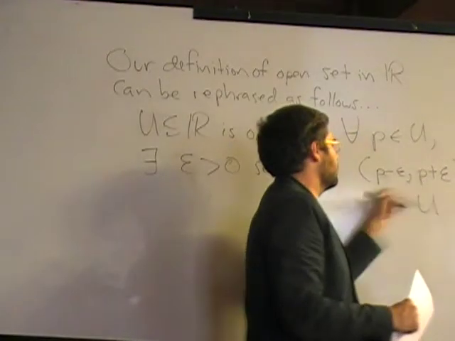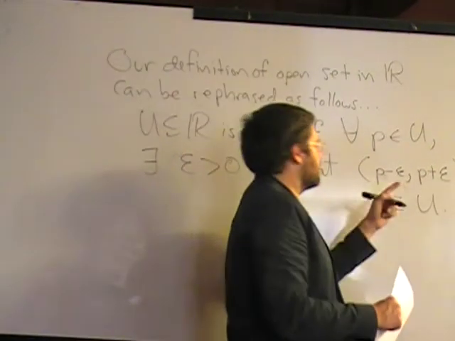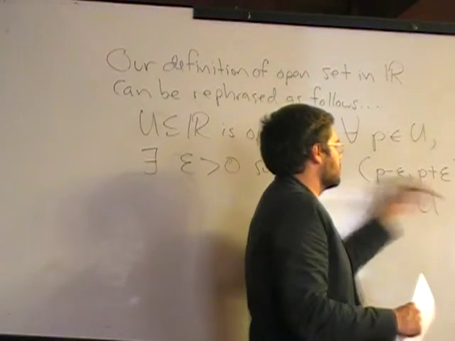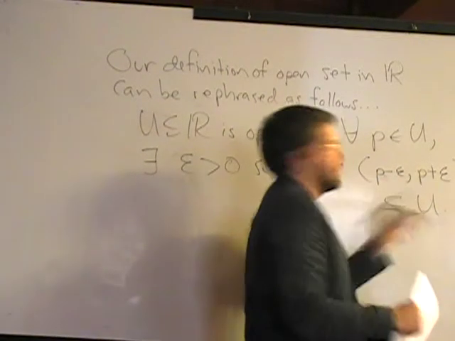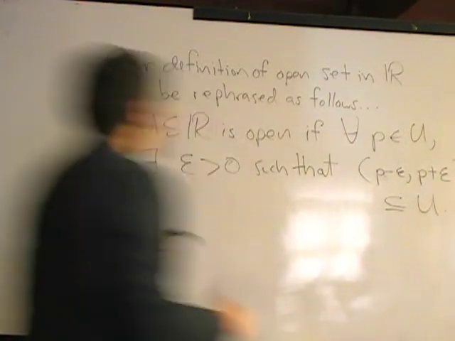An element in here, now that we know what this means, that number is between these two numbers, which means the distance from P is less than epsilon, so it's an element of U. So it's just a rephrasing of the definition.